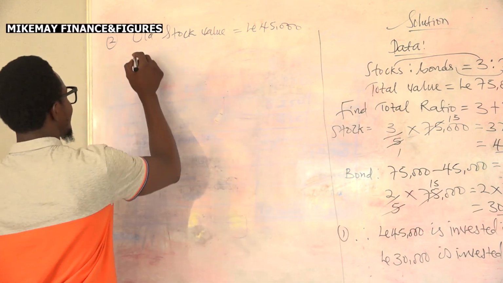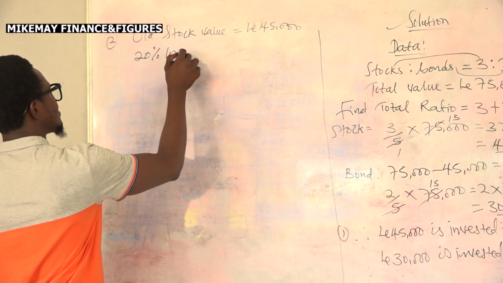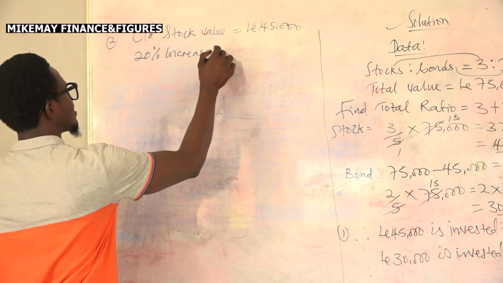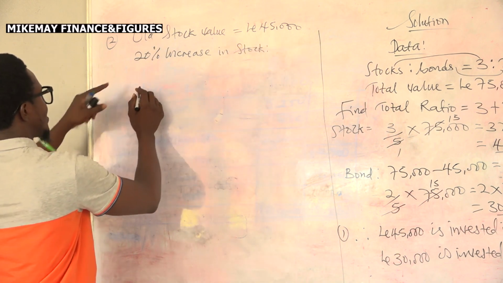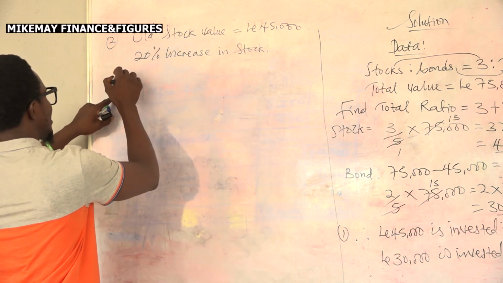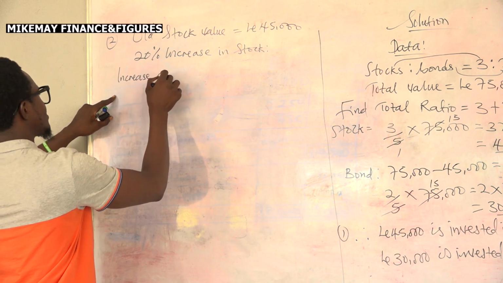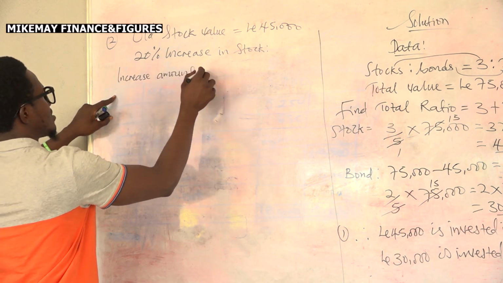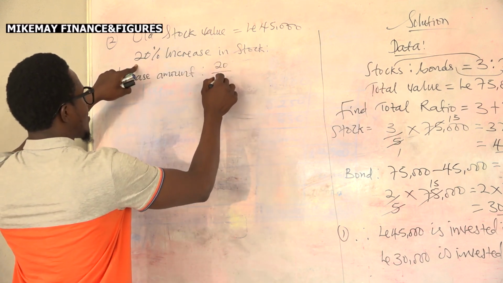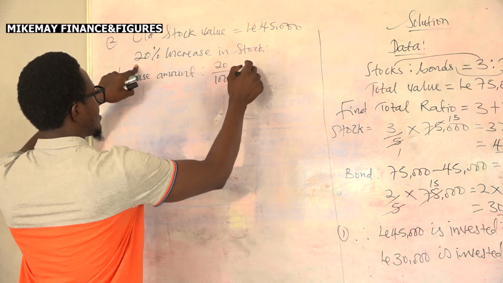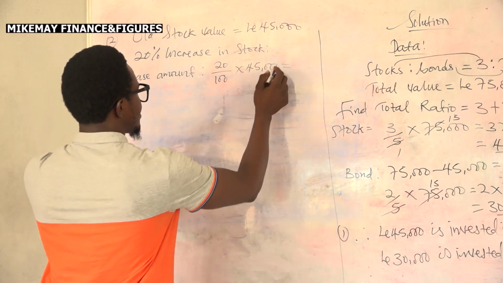So let's say a 20% increase in stock. So how do we get the increase amount? The increase amount will be 20 divided by 100 times the stock value, which is 45,000.